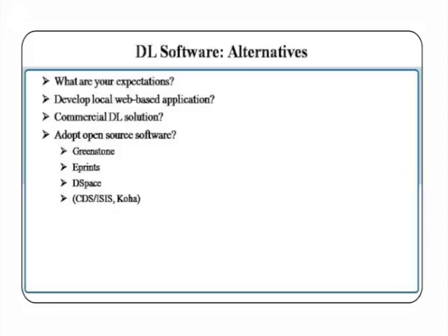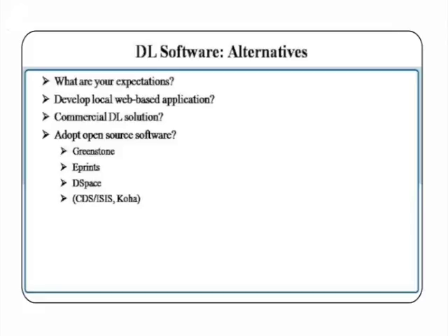I have a couple of examples for that. We have case studies on almost all of them. Greenstone, which I'll discuss, is one among them. And EPrints is there. Many institutions have used it for building their digital libraries. And DSpace, very famous, very sophisticated open source software. DSpace is also digital library software.